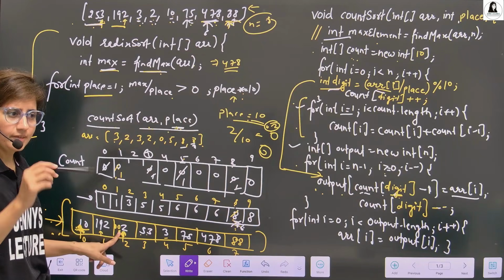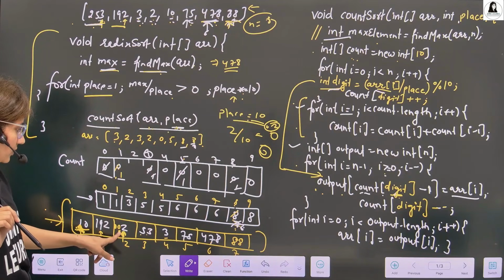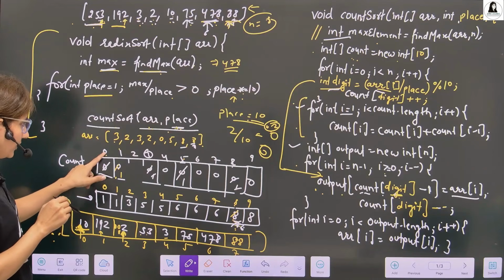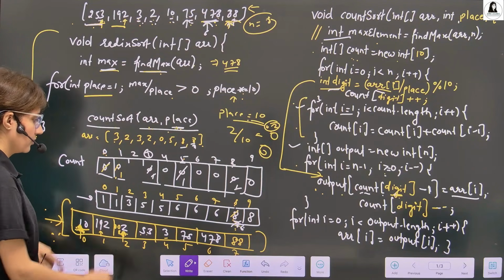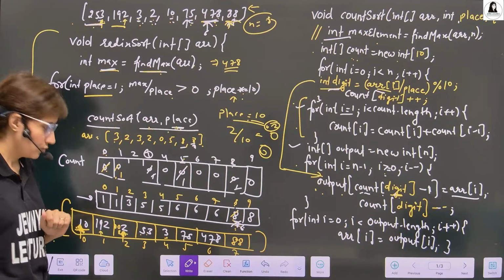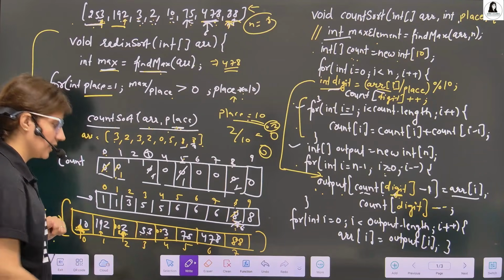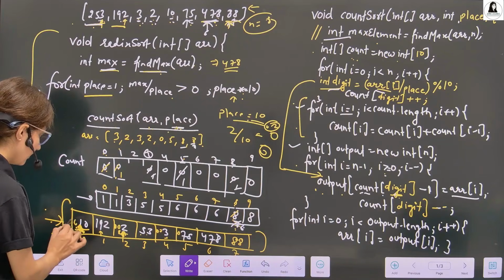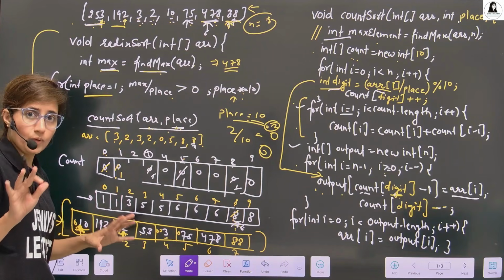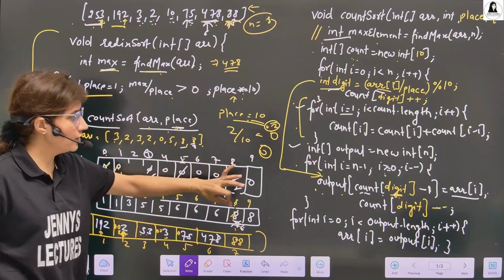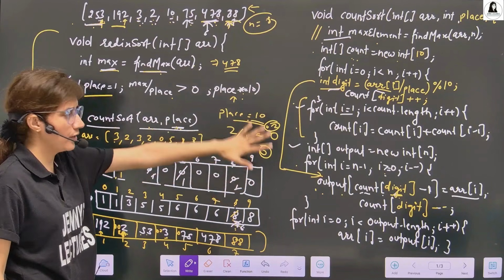So the 10's value is 0 for this case. At the 0th index we increment the value. Same for this one also, at the 0th index we increment the value. So we consider 0 here and 0 here. Now you do one thing: dry run this completely for every place value and for every iteration here.